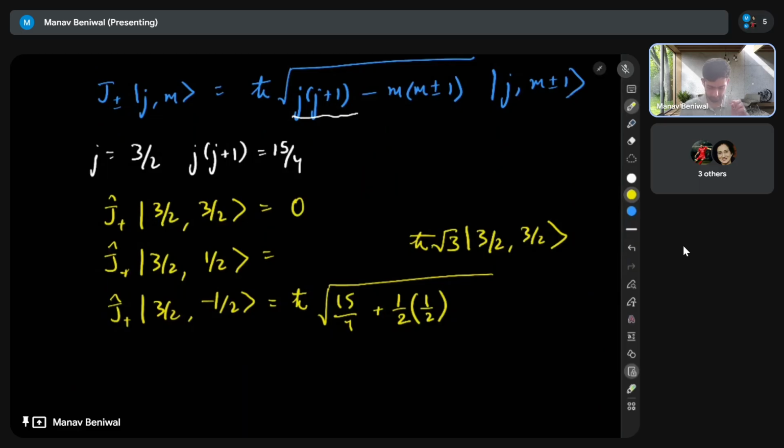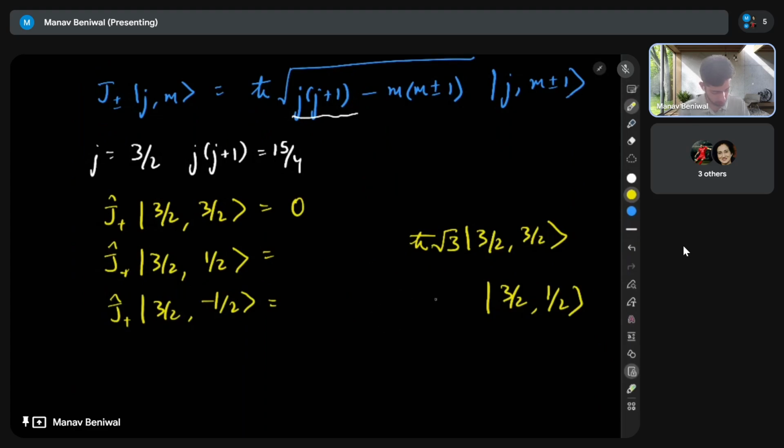So this is 15 plus 1, 16 by 4, and the state is 3 by 2 comma 1 by 2. 16 by 4 is 4, and its root is 2. So this entire thing just becomes 2 h cut.